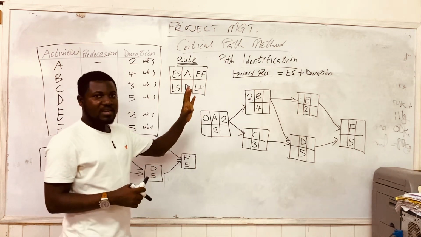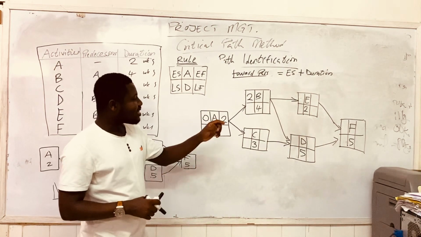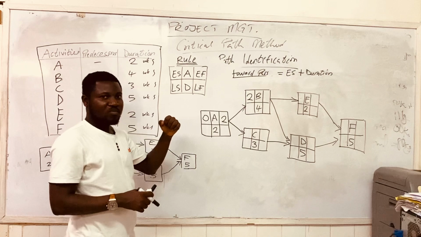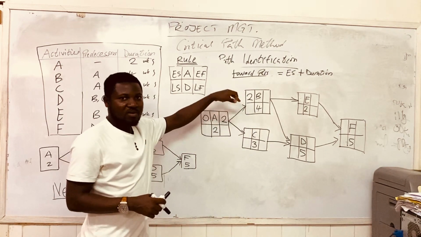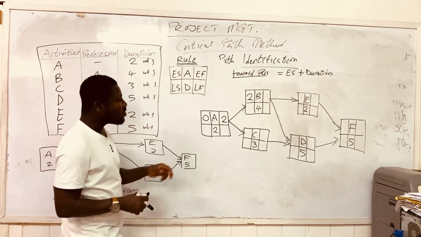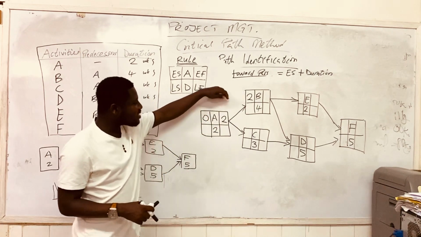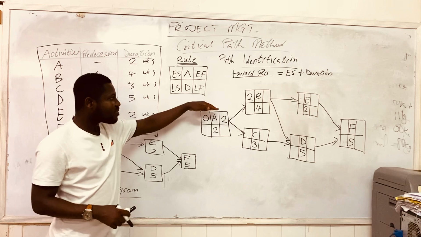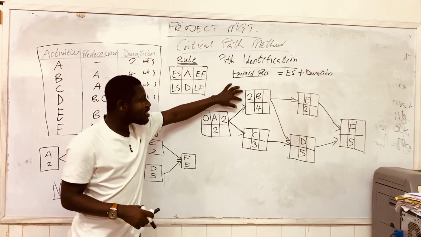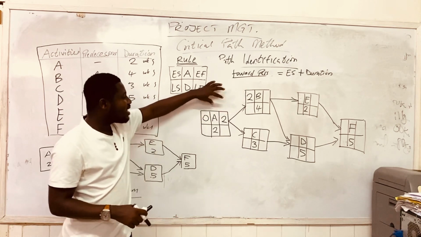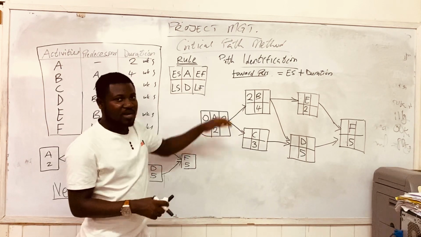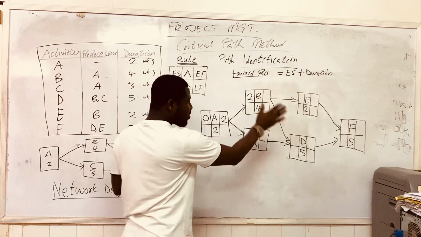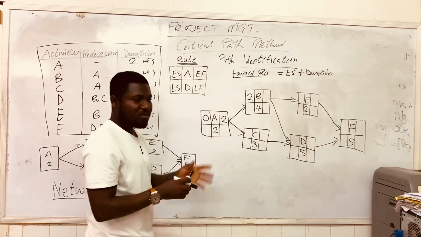And so for any activity, the earliest finish time of the predecessor is the earliest start time of that current activity. For activity B, which has A as predecessor, the earliest time we can start activity B is the earliest finish time for activity A. That's why you have 2 here. So very easy. We are going to use this same explanation to calculate for all very quickly.